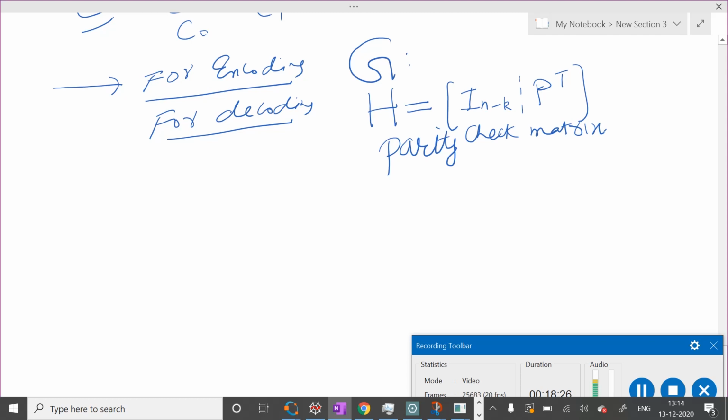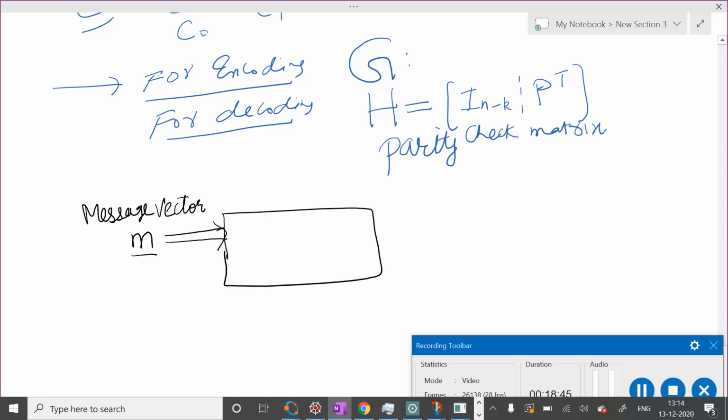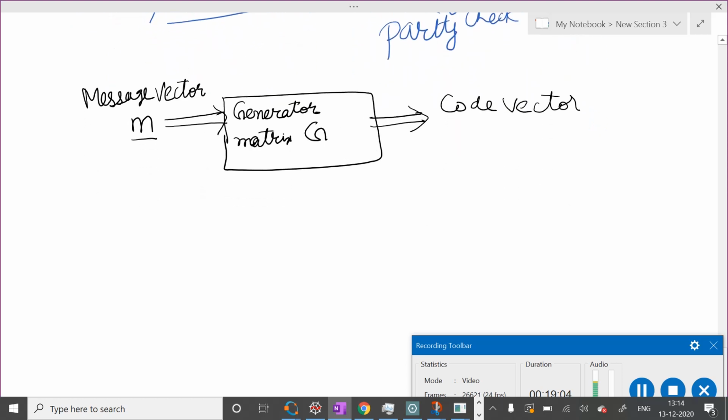And for decoding, I will draw a block diagram that will be more clear. So here is the M, it is the message vector. Here is the generator matrix. And you get a code vector, right? And what is the property of this?